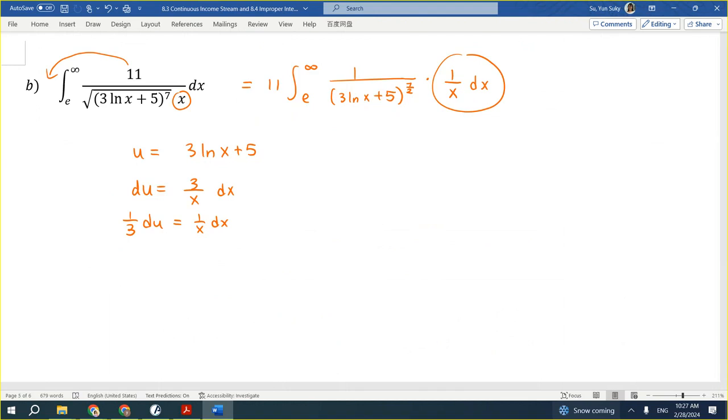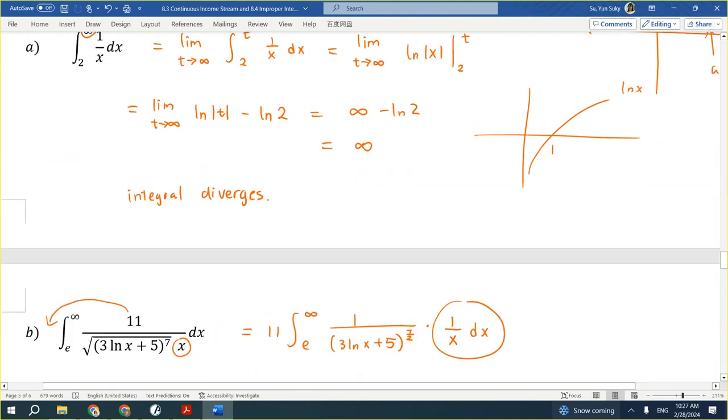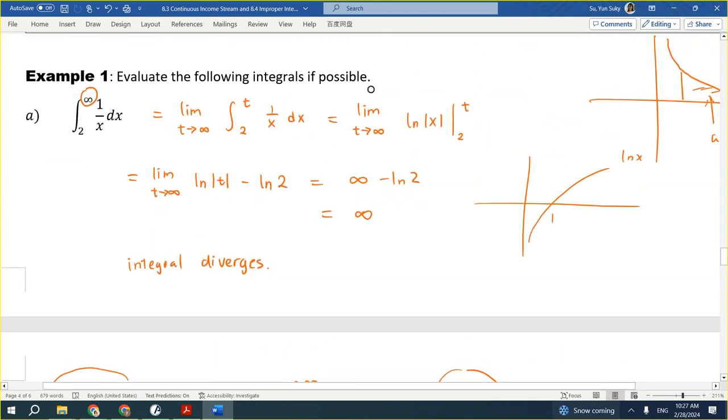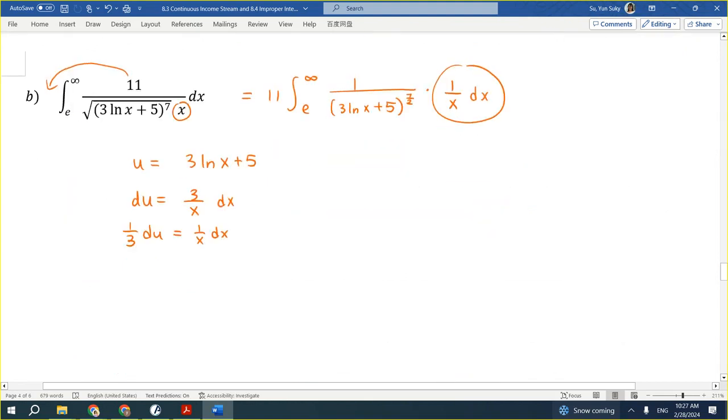So here, because the integral is harder, not as simple as before, for a harder problem I would like to compute the indefinite integral. And after I get the indefinite integral, the answer, I plug in the bounds at the last step. So I don't need to carry the bounds every step when I write it. So for a harder problem, you can compute the indefinite integral first.